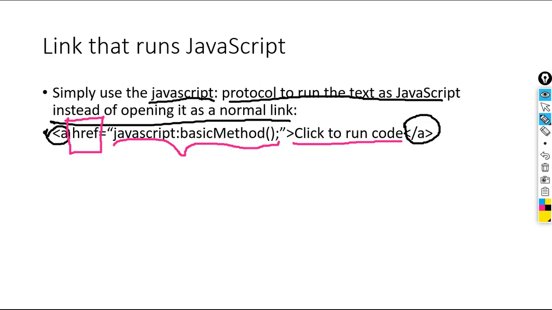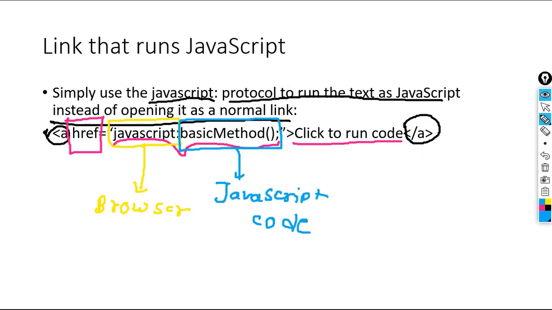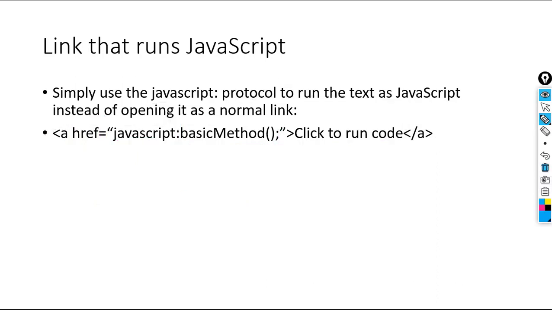Here we make use of the JavaScript protocol, so that this protocol will tell the browser to execute this particular text as JavaScript code, instead of executing it as a normal link. So let's see one example for better understanding and to clear our concept.